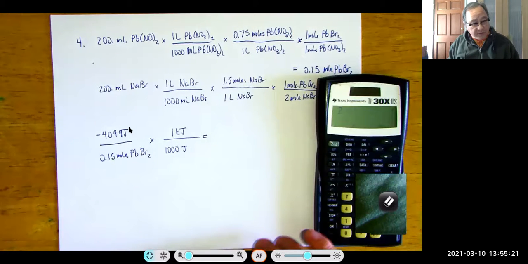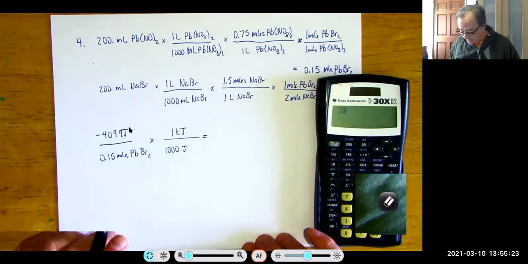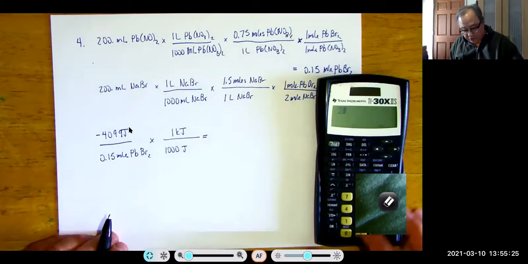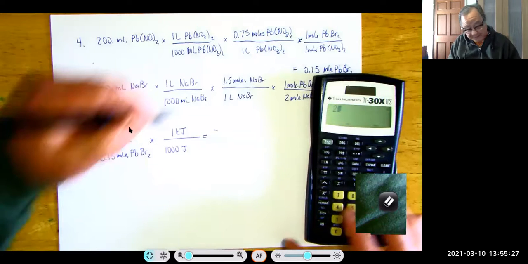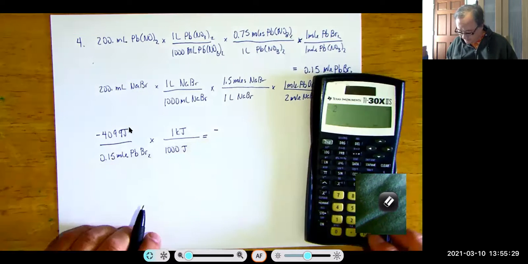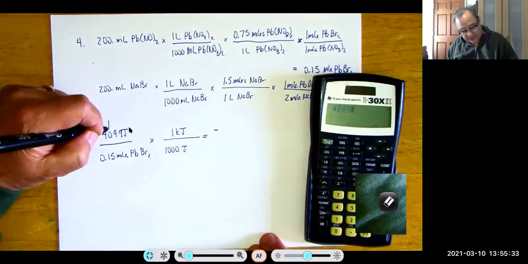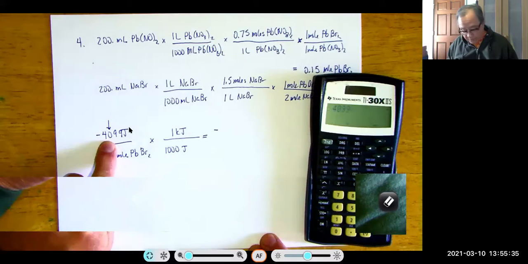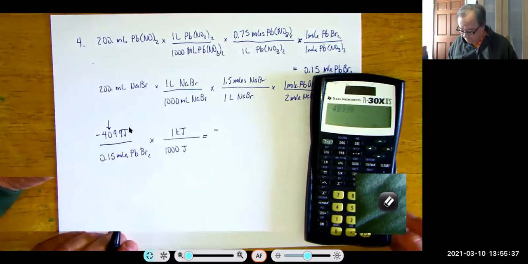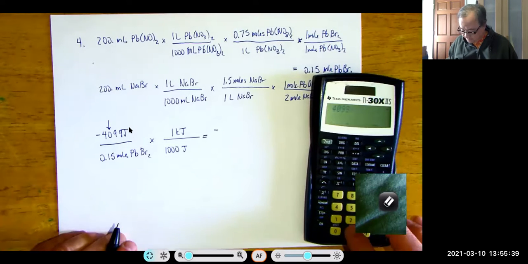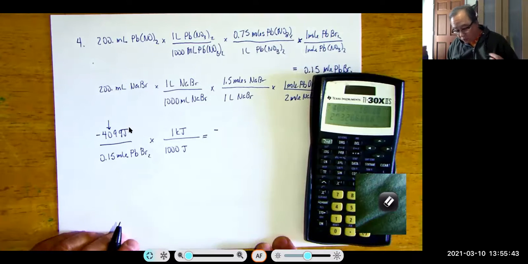Kilojoules per mole. Let's see what we get. And I know for certain it's going to be negative. And I want to put this little arrow here because I know that that should have been rounded there if I wanted to round. And I get 27.